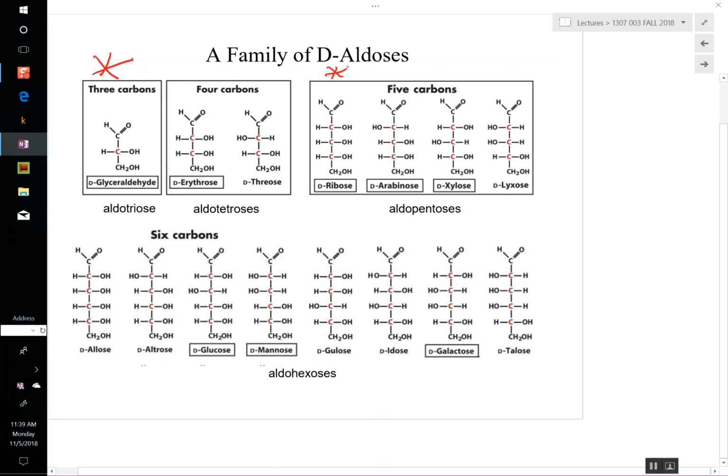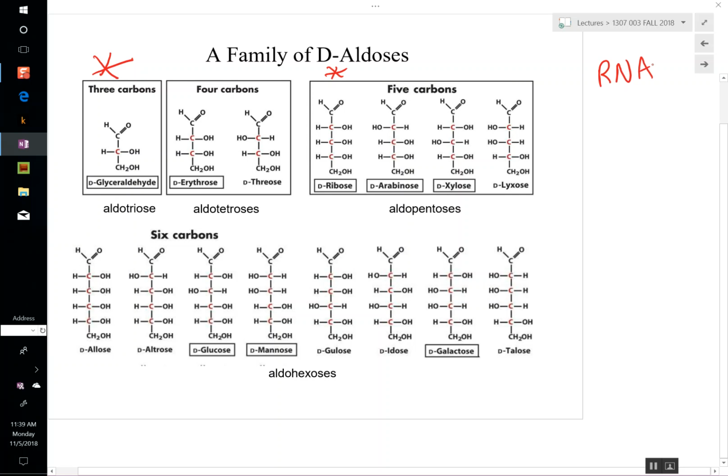And what is it? Right. It's got 5 carbons. It's an aldopentose. It's D-ribose. Why would I want you to memorize D-ribose? DNA. Okay, you're real close. RNA. Good. You were right on the money.